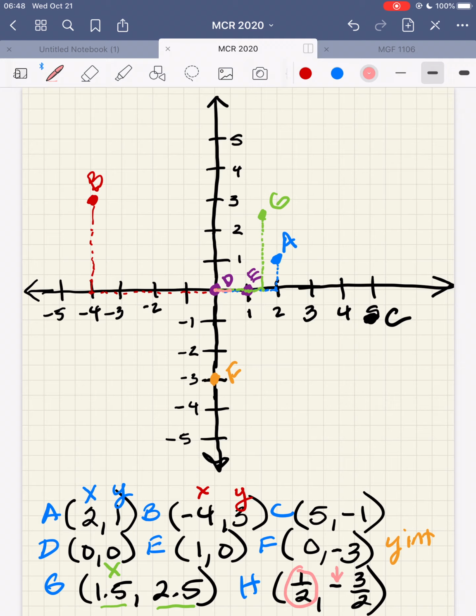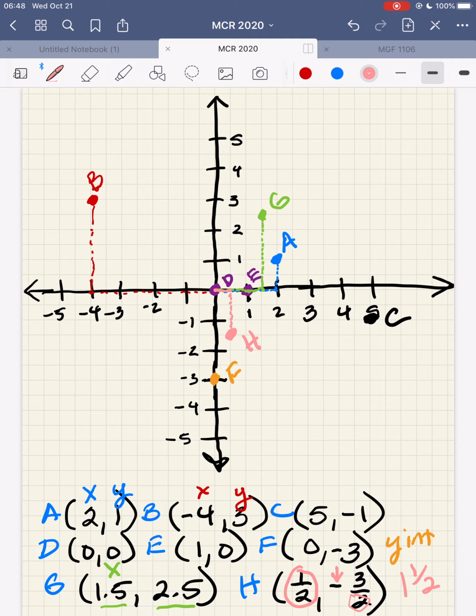Now this is where you have a few options. I know that 3/2 can be converted to a mixed number 1.5. Or, because I have my graph scaled in halves, I can go down 3 of those halves. So 1/2, 2 halves, 3 halves, and my point will go there. And this is my point H.